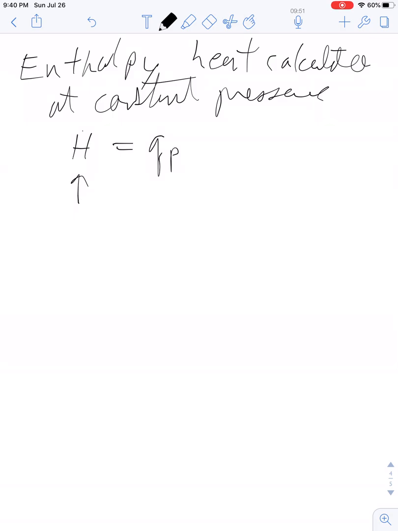Now, let me give you an analogy when it comes to measuring enthalpy, measuring heat. If I were to ask you to measure the height of a mountain, you would say, okay, I can do that. I'm going to put 0 right there, and then measure the height of my mountain, and this mountain just happens to be 3,000 meters tall.